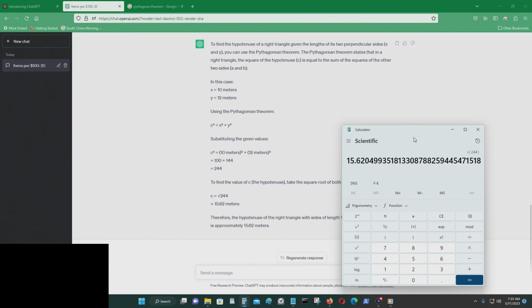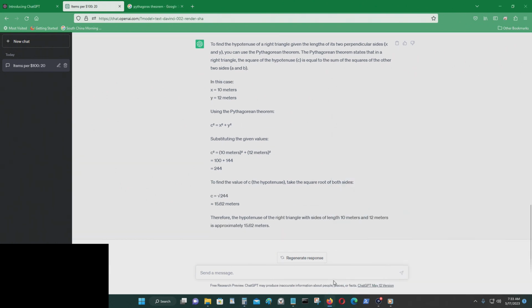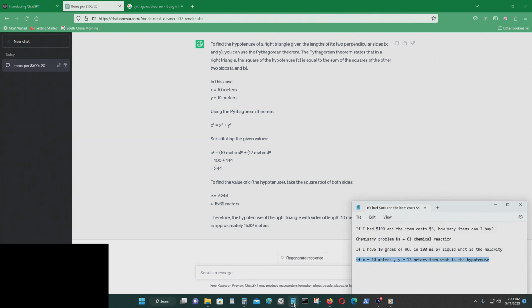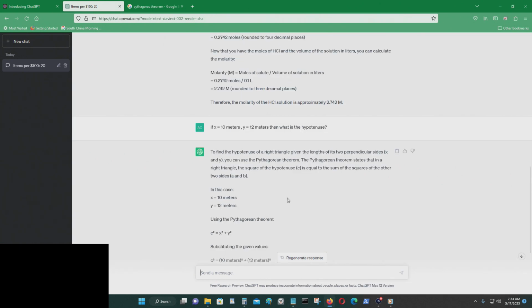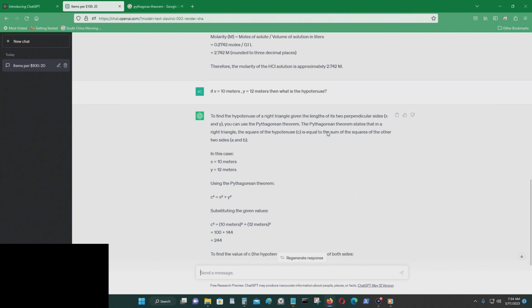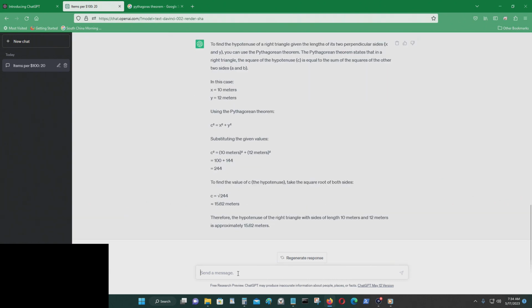Yep, that's right. It's 15.62 meters. Let's do another problem. Let's make it a little bit more interesting. I'm going to take that and change it around a little bit.